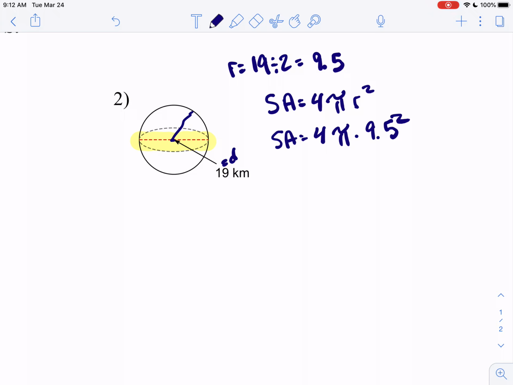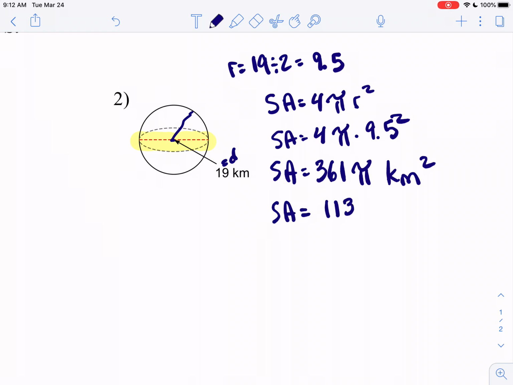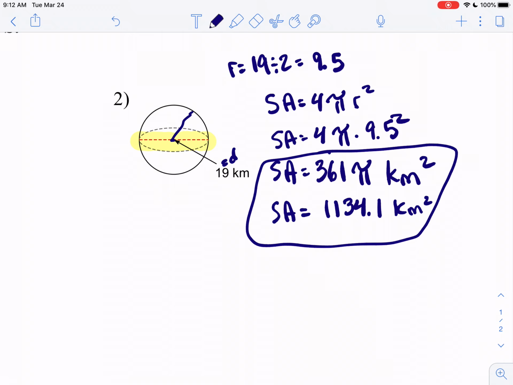So 4 times 9.5 squared, I get 361 pi kilometers squared. And then to get my approximate answer, I'm just going to take that 361 and multiply it by pi. And I get my surface area is 1,134.1 kilometers squared.